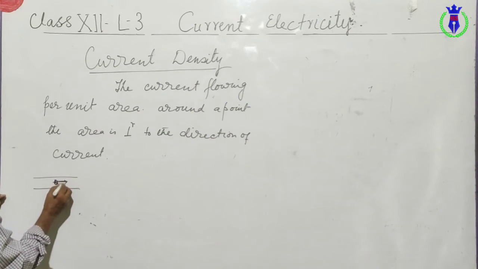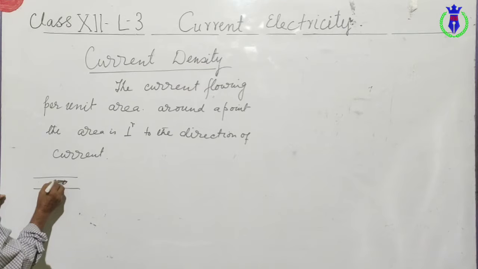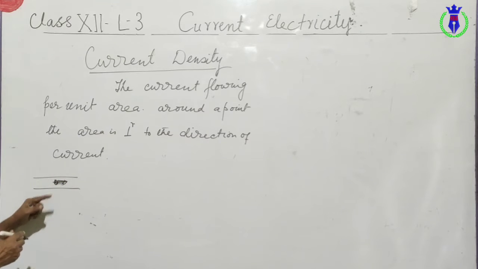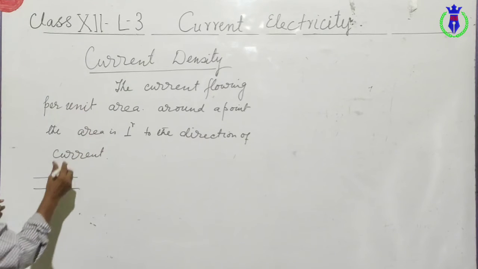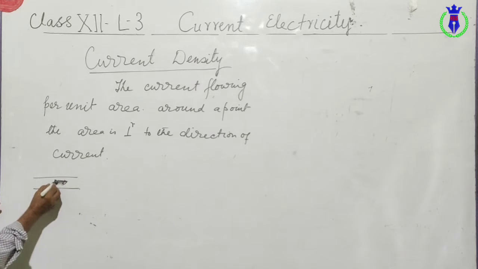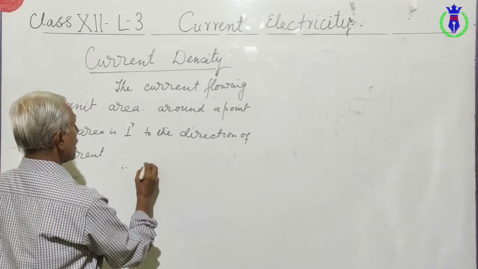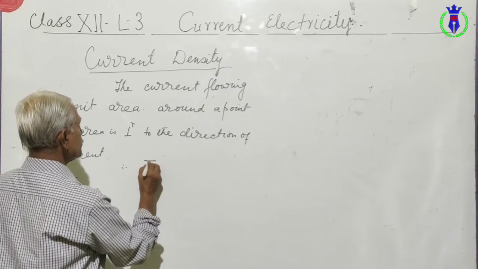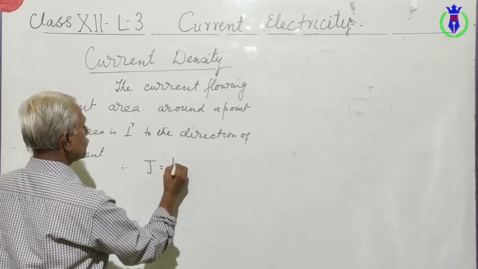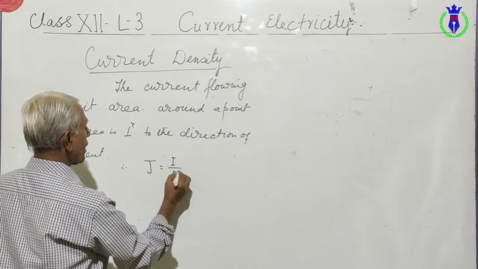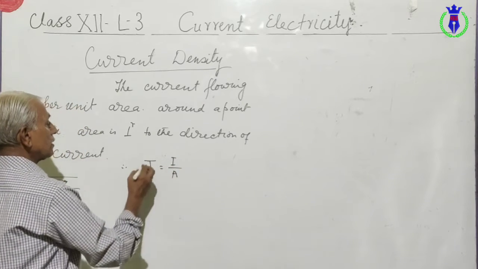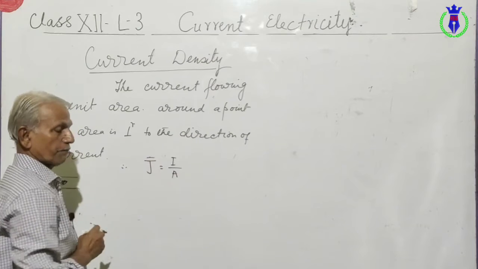Then this current which is flowing through this unit area is current density at this point. Therefore, current density J is equal to I upon A. This is a vector quantity.